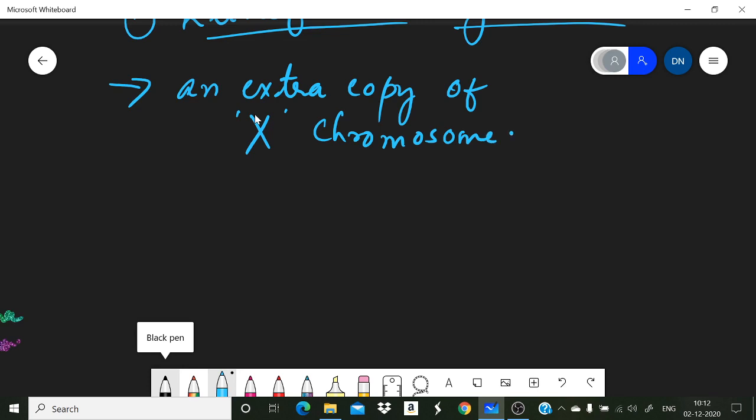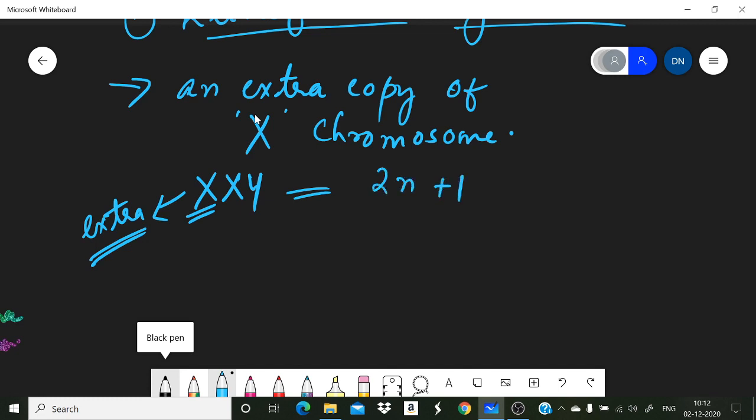So the individual may have 47 chromosomes, that is XXY, where this extra X is an extra copy of an X chromosome. So altogether the number is 2n plus 1, that is 46 plus 1 equals 47.